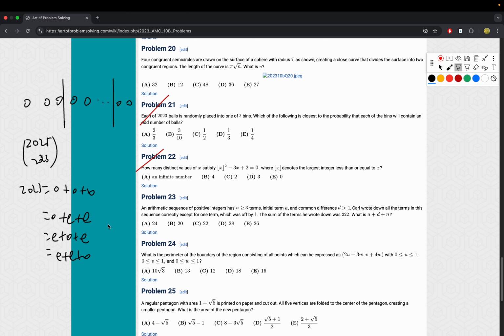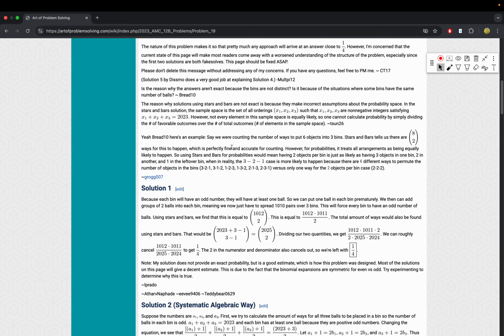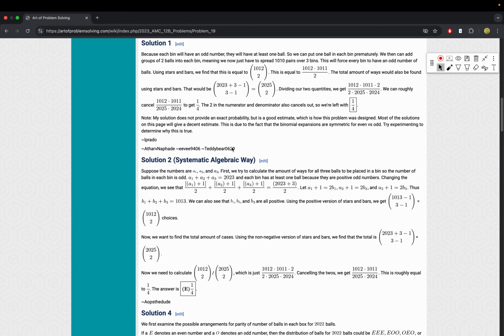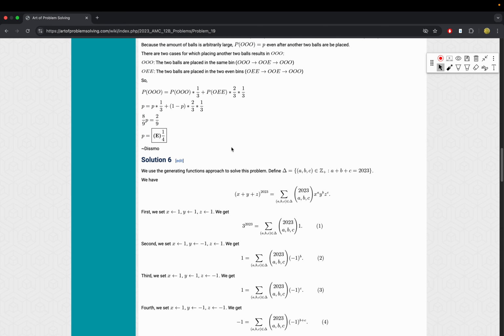The reason why I chose 1/2 is because I considered them as the same case. Wait, are the beans different beans? The answer should be 1/4, E. Yeah, the answer is 1/4. Oh wow, I didn't know that the beans are different beans.